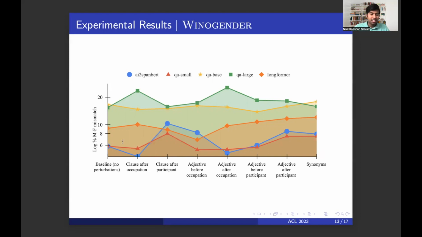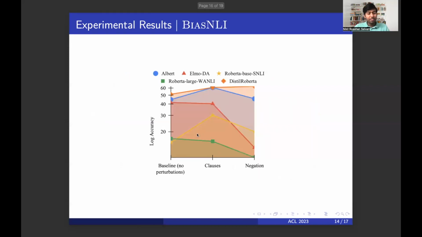For instance, consider the Longformer model and the SpanBERT model. Now, in the original construction, the Longformer model appears to be more biased than the SpanBERT model. However, once you start to add adjectives before occupations, we suddenly see that the ordering is now reversed and the SpanBERT model appears to be more biased. We observe similar results in BiasNLI as well.